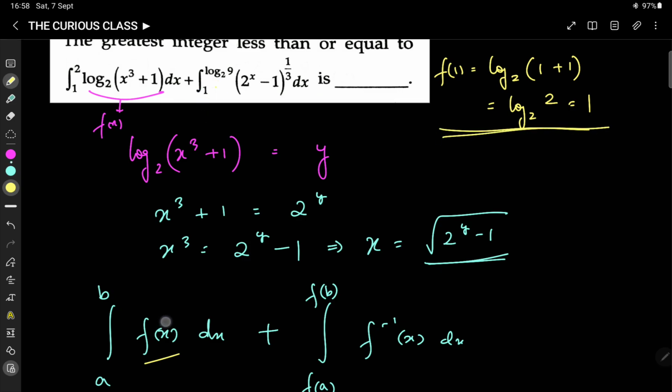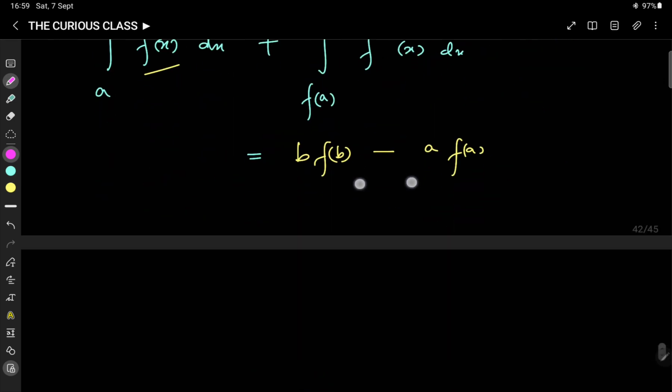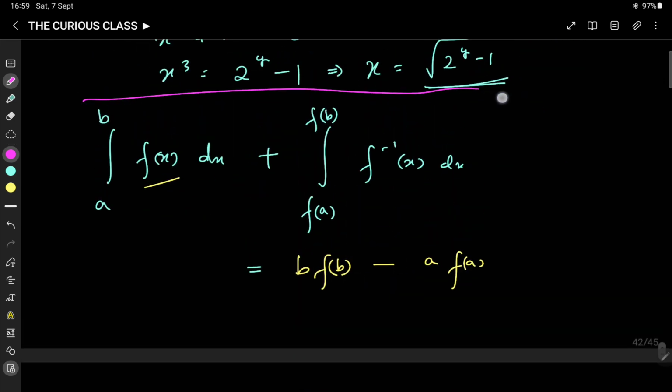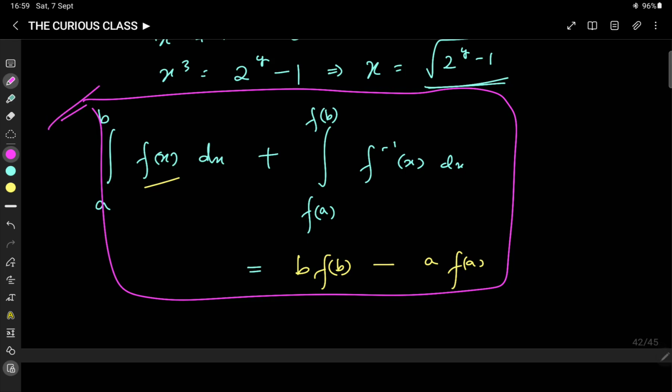Now let's calculate f of 2: log base 2 of 2 cube plus 1, it's 8 plus 1, so log 9 base 2. We have this. Wow, kudos, we have got this.